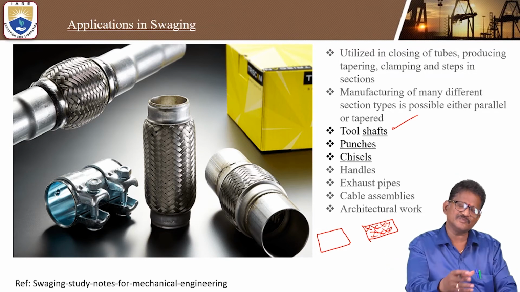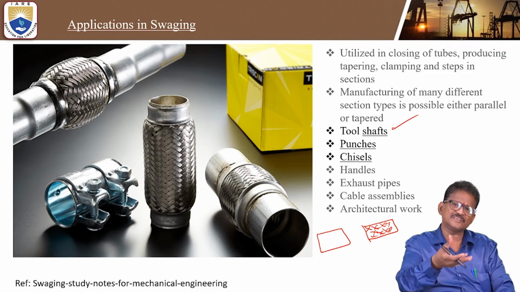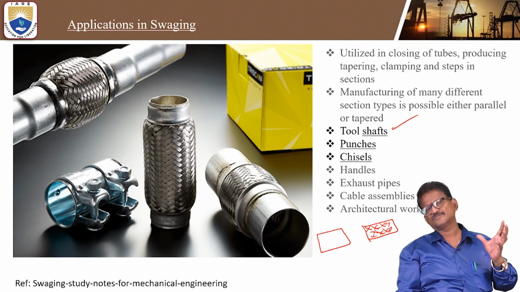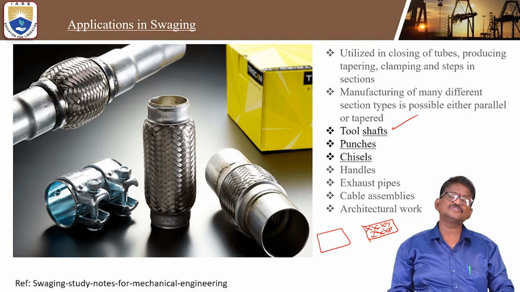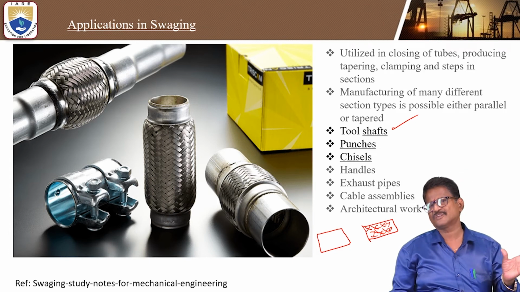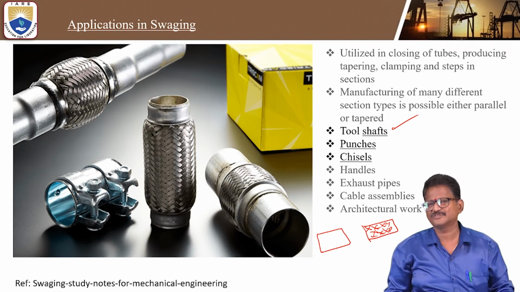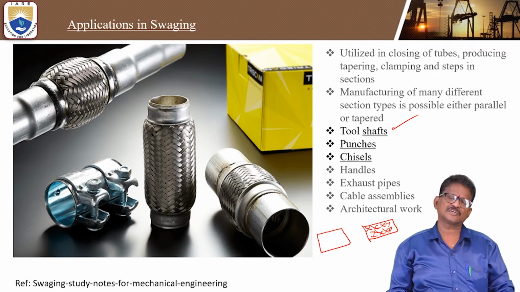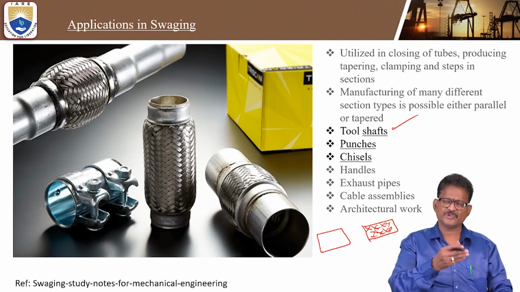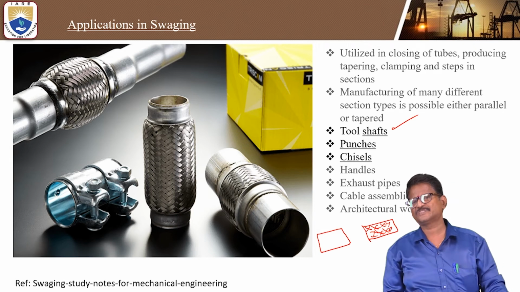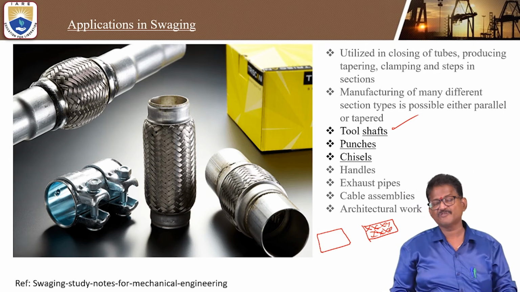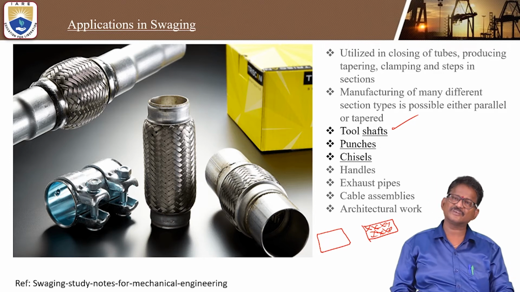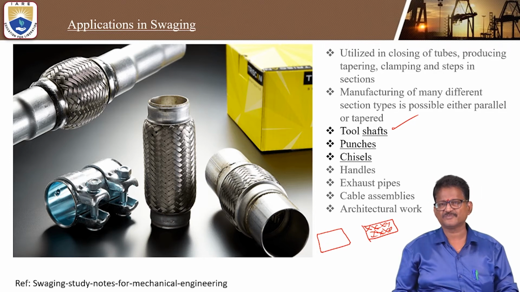It should have grip, and even seeing the customer, an attractive finish can be achieved effectively, so that rust formation can also be eliminated. Even cleaning can be performed effectively using a wire brush, etc. That is why this variety of components can be fitted together in this metal swaging process.